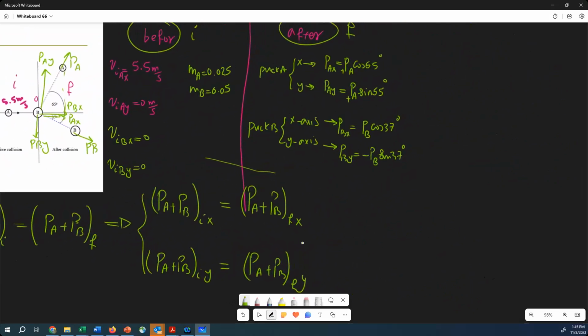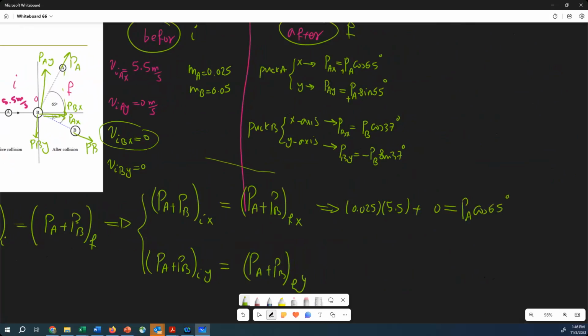So for this part, what do I write? Momentum of A before collision is mass times velocity in the x-axis. What is the mass of A? 0.025 times 5.5, plus momentum of B in the x-axis, which is 0, equal to momentum of A in the x-axis, PA cosine 65, yes?